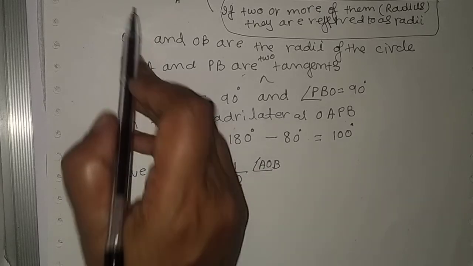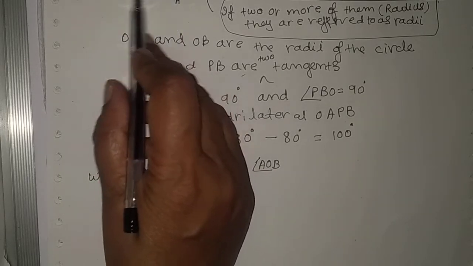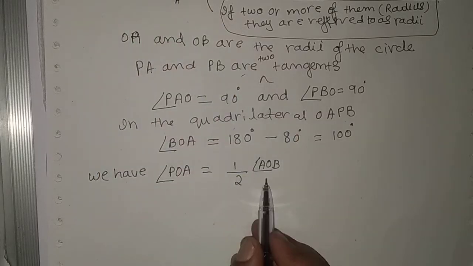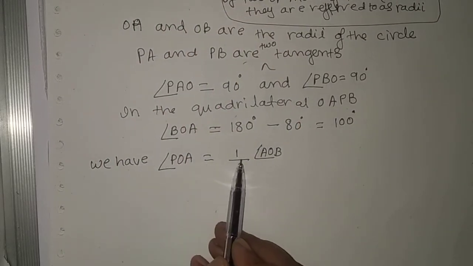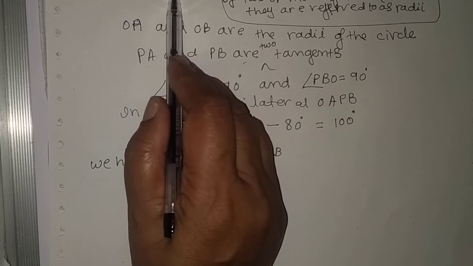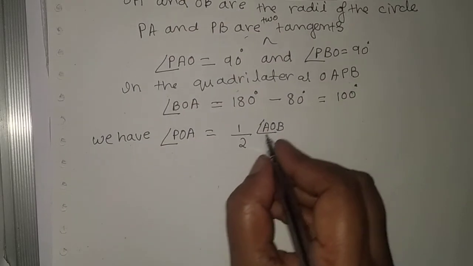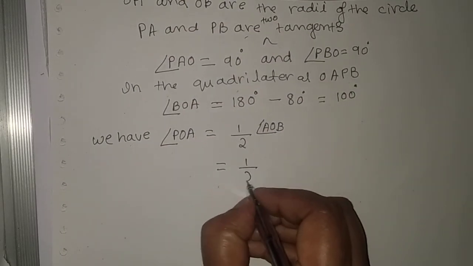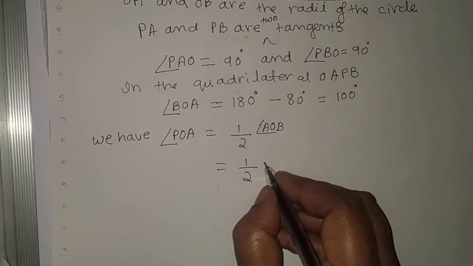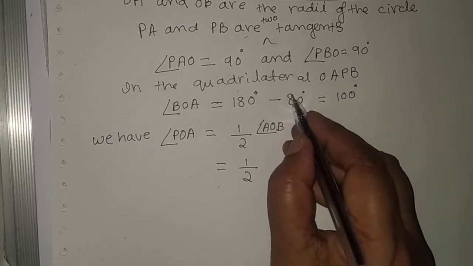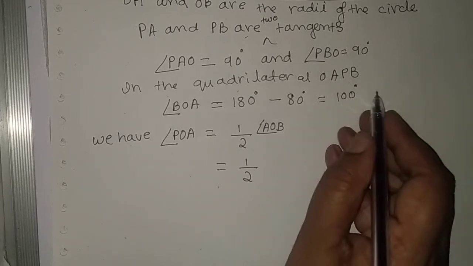So since there are two triangles, see here, which forms a quadrilateral. So we are taking POA is equal to half of AOB. So therefore substitute the values, then for AOB how much we got? We got 100 here.